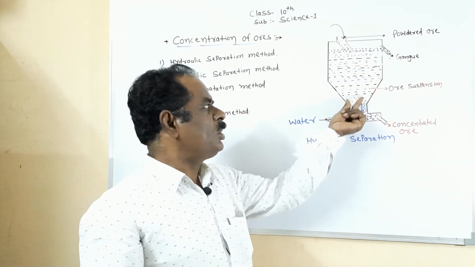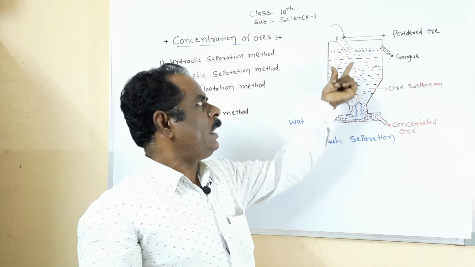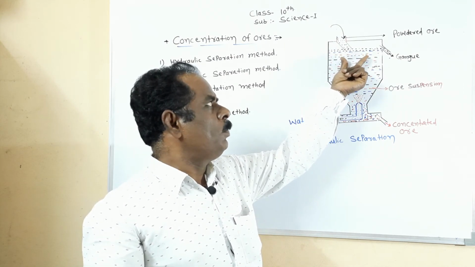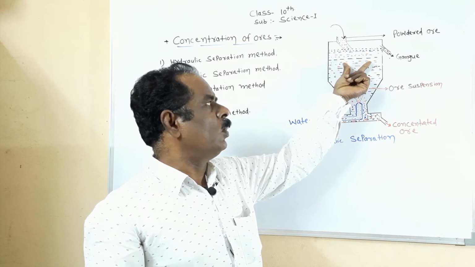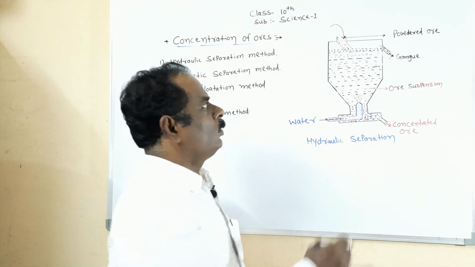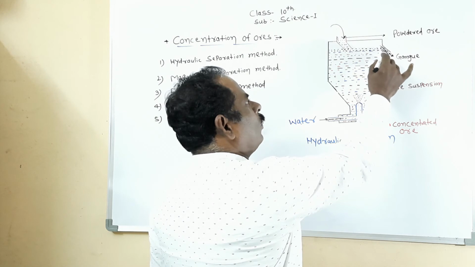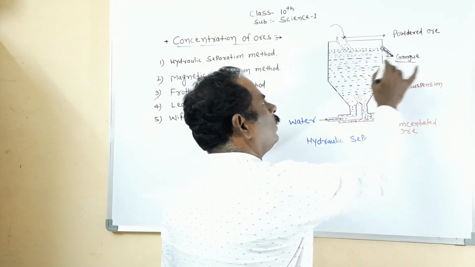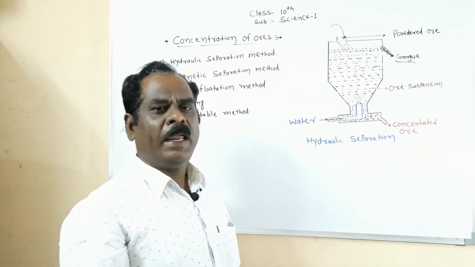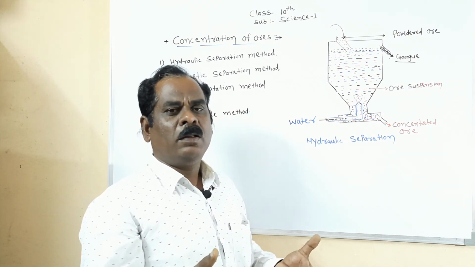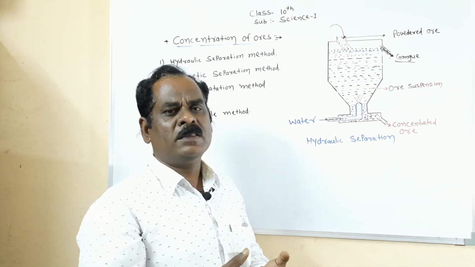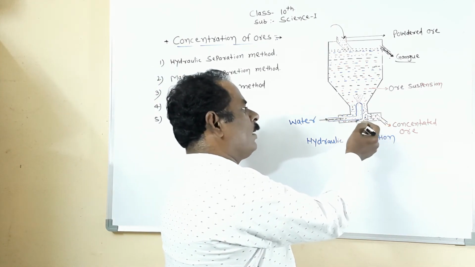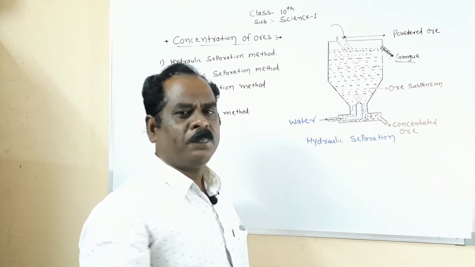Due to the high pressure water, the water soluble impurities and lighter impurities present in the ore are removed from the upper outlet. That is, the gangue is separated with the stream of water through the upper outlet, and the heavy particles of nearly the same size settle at the bottom of the tank due to the gravitational force.